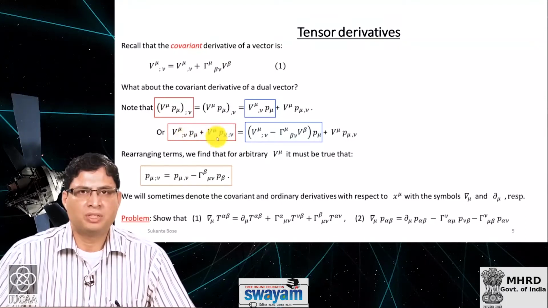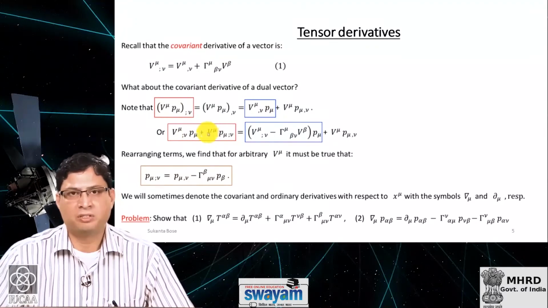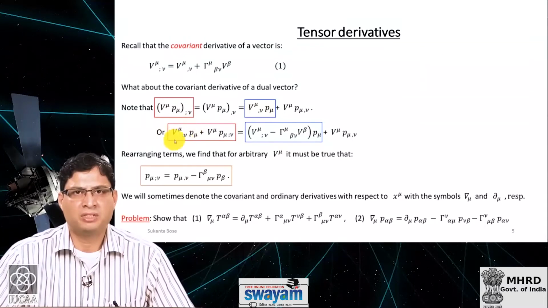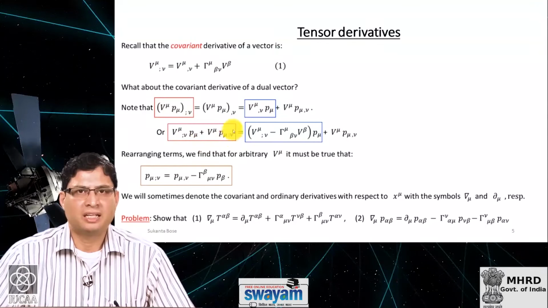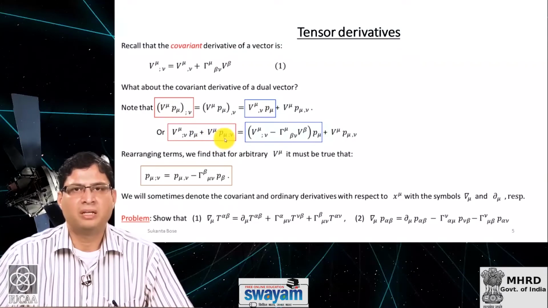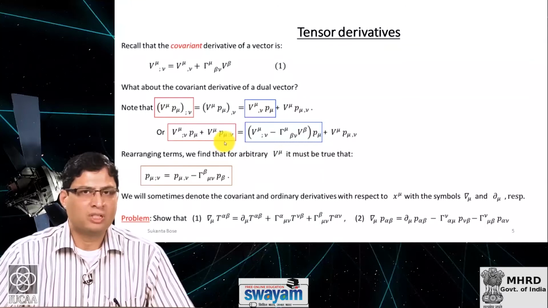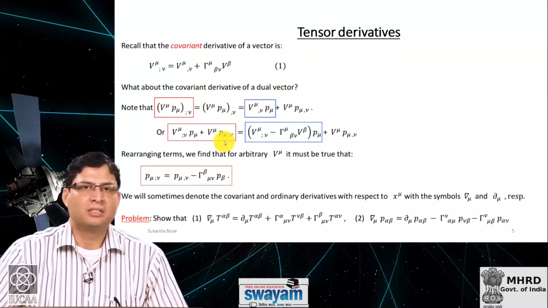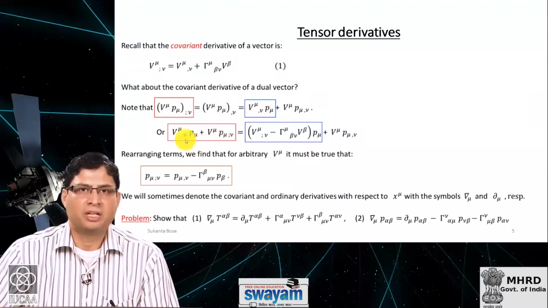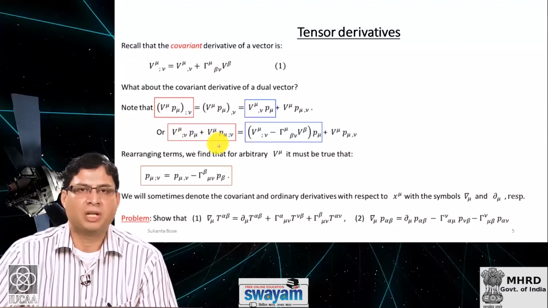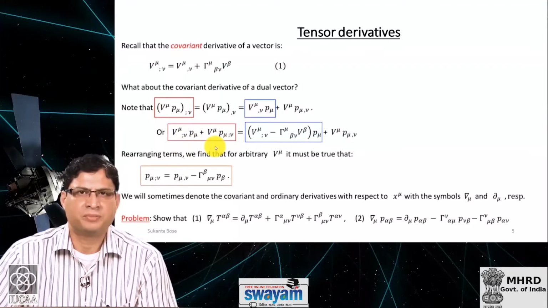So both of these components, when differentiated by parts, will involve, in the first case, the covariant derivative of v mu, and in the second case, the covariant derivative of p mu, with mu being a lower index now, because these are components of a dual vector. We still don't know what this covariant derivative is, but we are going to get there. At the moment, we are just using a simple concept from calculus, namely differentiation by parts.